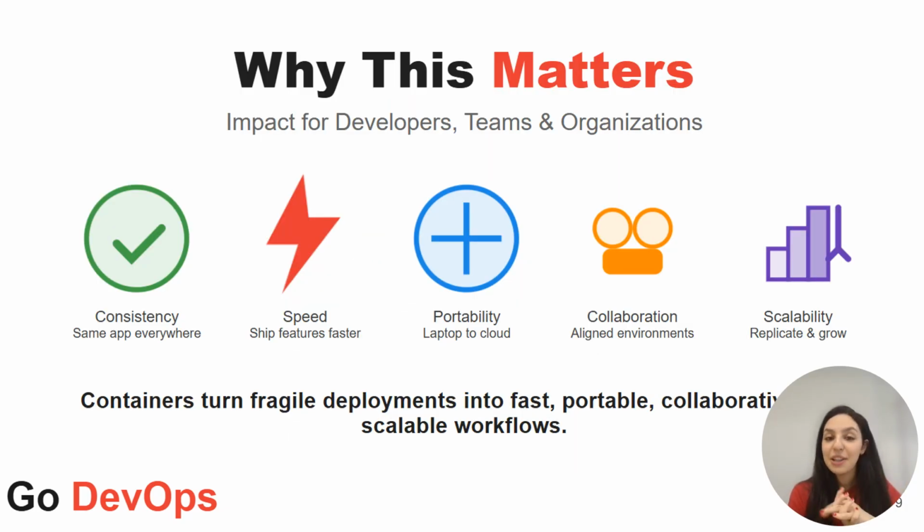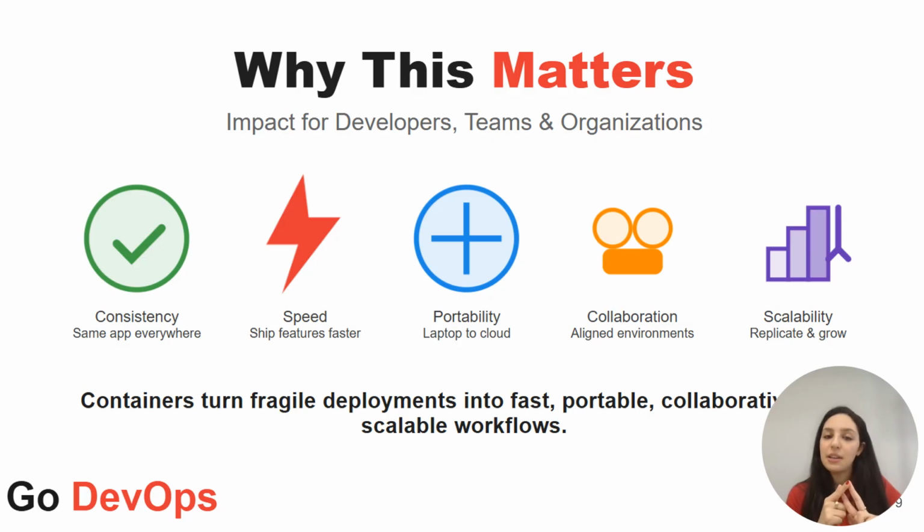So why does this actually matter to developers, to teams, and to organizations? Here are the 5 reasons. First of all, we have consistency. Applications behave identically across all kinds of environments: development, testing, or production. Speed, so developers can ship features faster and automate deployments.